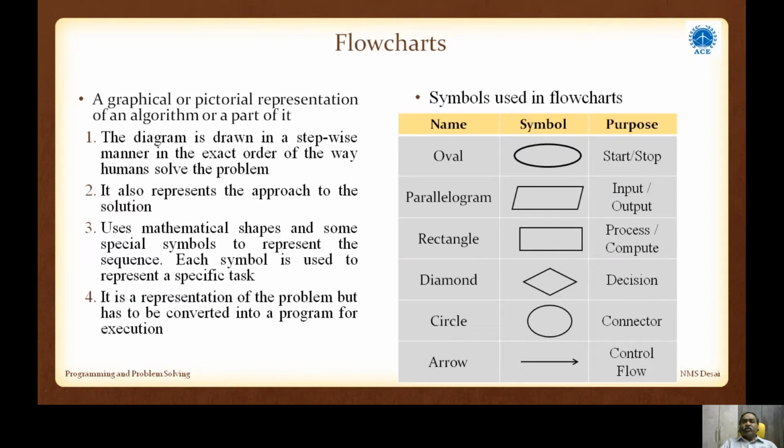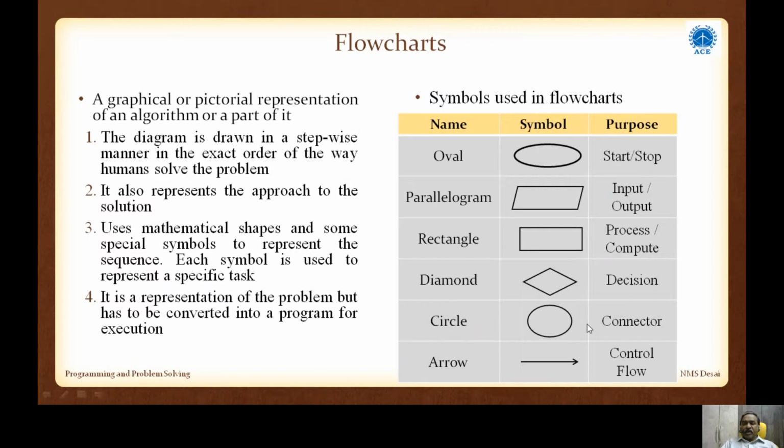Now what we said is that whenever inputs are to be taken or a printout or output is to be given, only the parallelogram is used. A rectangle cannot be used there. A rectangle represents processing. When we are processing the data, we use a rectangle. When we are inputting, we use only a parallelogram. Similarly, the diamond symbol is used for representing decision making, like an if condition.